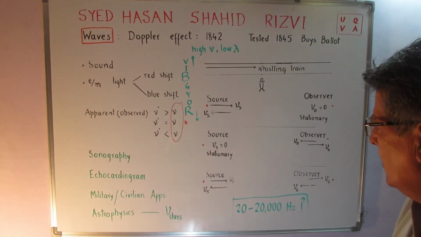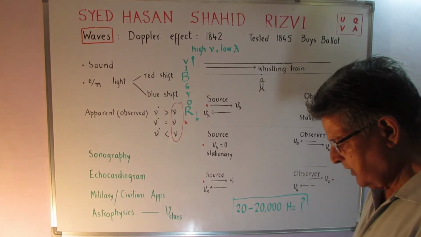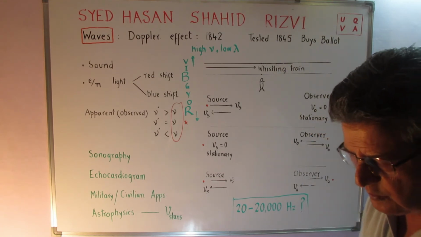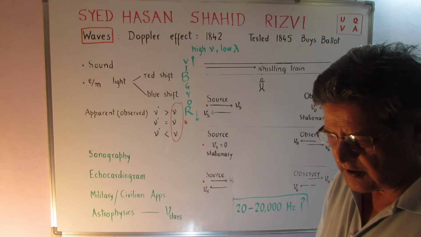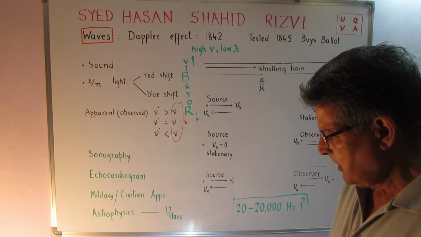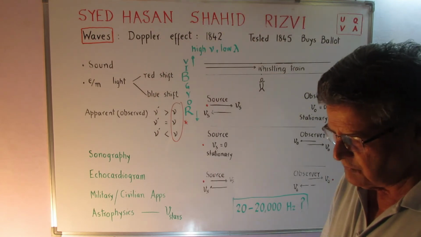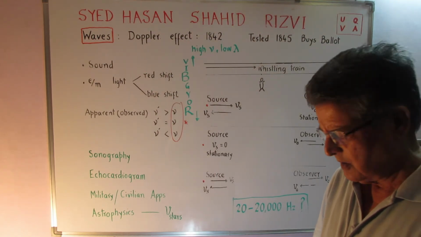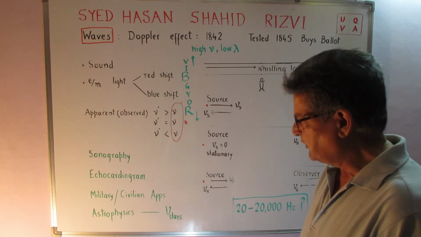So now you are sitting in a train, and there is somebody who is playing a guitar at a constant frequency, maybe 256 hertz or more, doesn't matter, any frequency which is fixed.